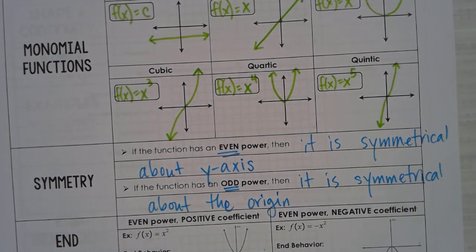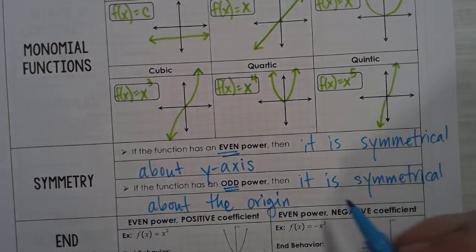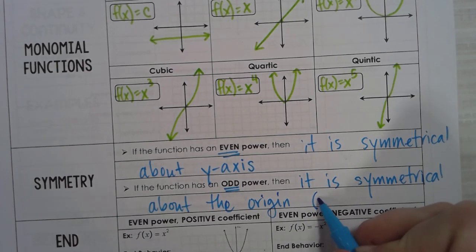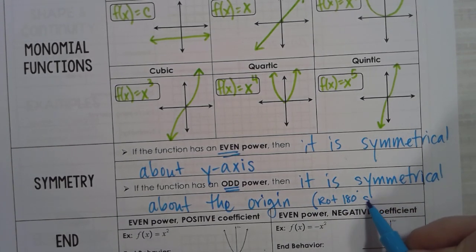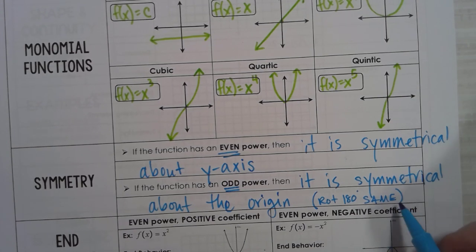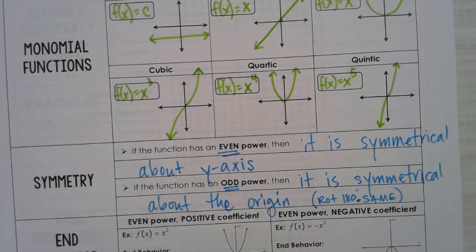So, reminder, you can rotate 180 degrees and it'll stay the same, right? That's your rule for symmetry about the origin. If you take your paper and flip it upside down or rotate 180 degrees, the graph should look exactly the same.